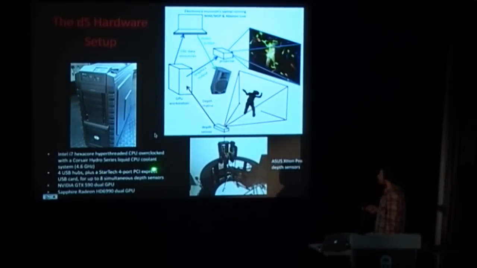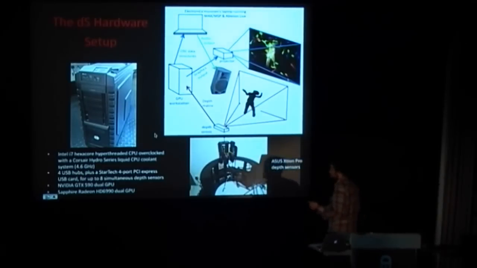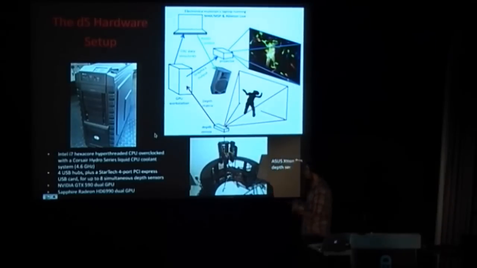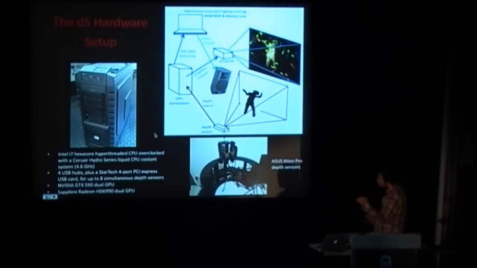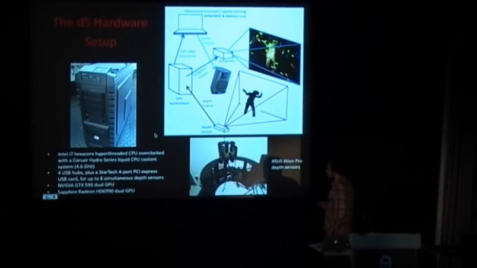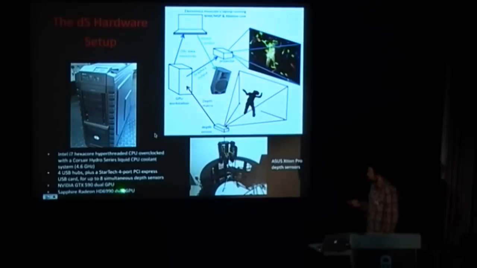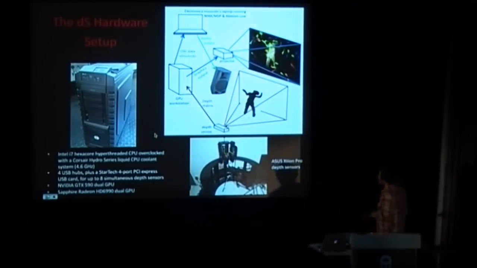It has 4 inbuilt USB hubs, not sockets, actual hubs, plus a PCI extender card, which allows us 4 additional USB 2.0 hubs. It has 2 slots for dual GPUs. We've experimented with NVIDIA GTX 590s as well as Sapphire Radeon HD 6990s.